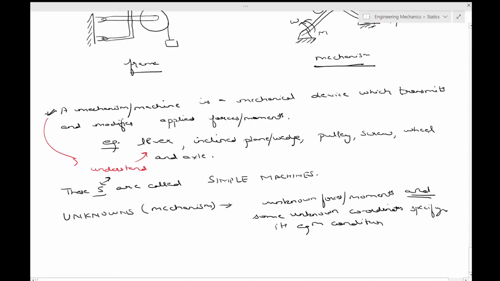The coordinates are usually the ones which are specifying an equilibrium configuration. Now for the frames, the story is much simple.